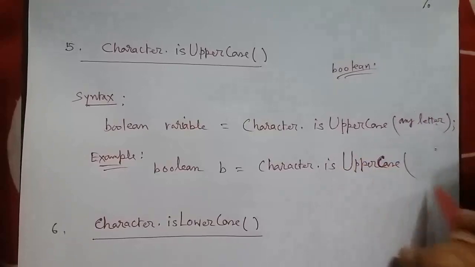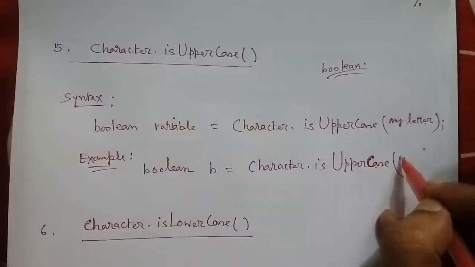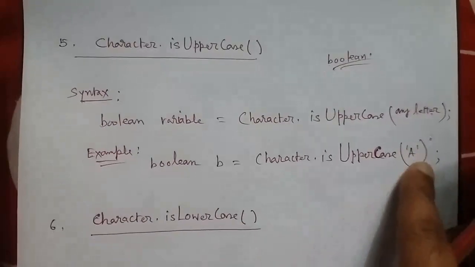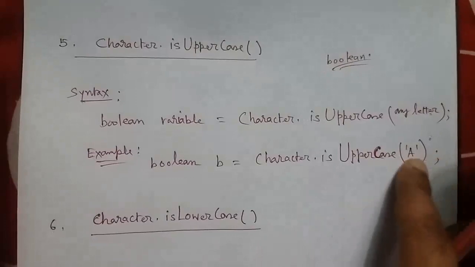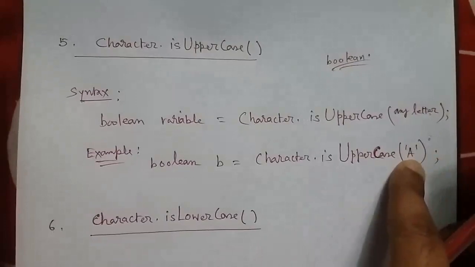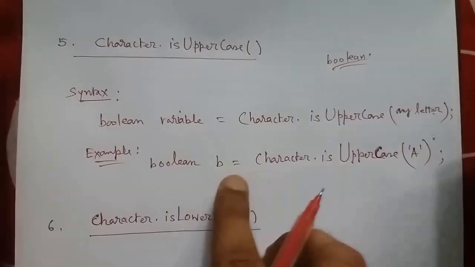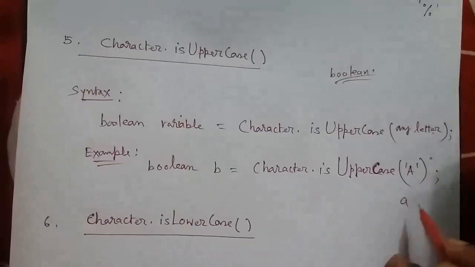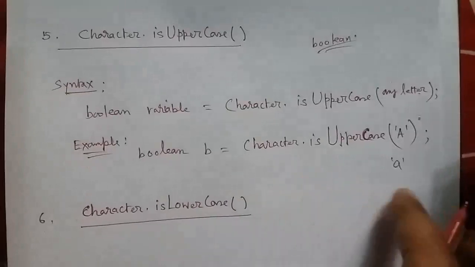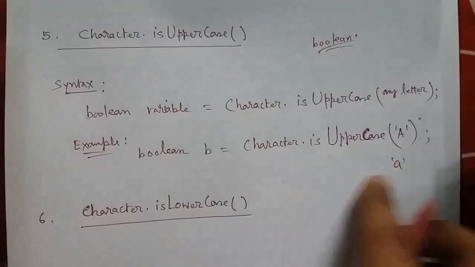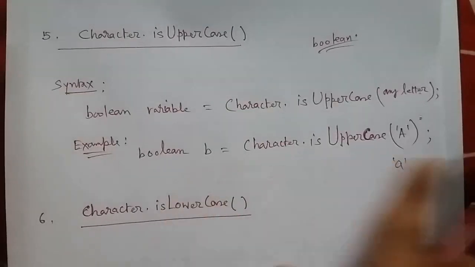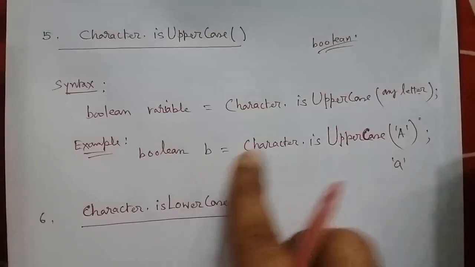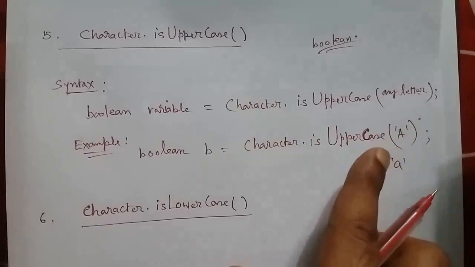Here if I write capital A, then what will happen? Capital A is a letter and it is in uppercase, that's why this method will return true and store it in variable b. But if I write small a here, then small a is not an uppercase letter, that's why this method will return false.